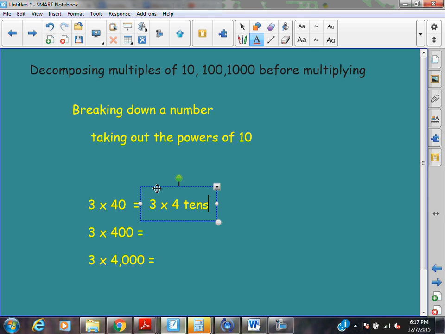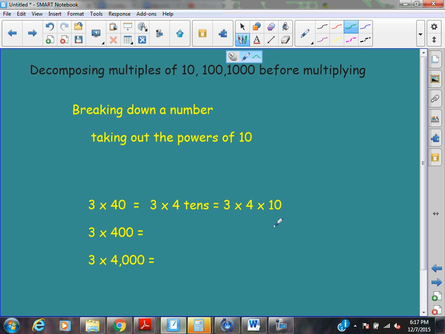So if you think about that, that is very much like me saying 3 times 4 times 10, because that's what 4 10s means. And when you do that, then you can work with smaller numbers.